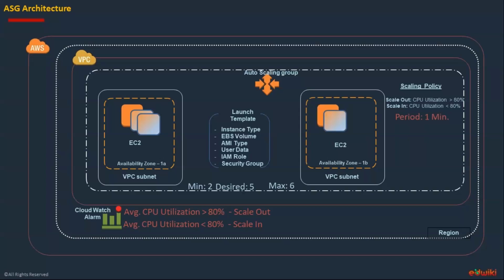For now, this is a simple web server, right? It does not have any data. In real time, there will be some data. For example, as I see in the chat window, if the website is like youtube.com, you go and upload a video. Where will that video go? That video will come to your server. If you are keeping that video in a server and the server gets terminated, there is data loss.